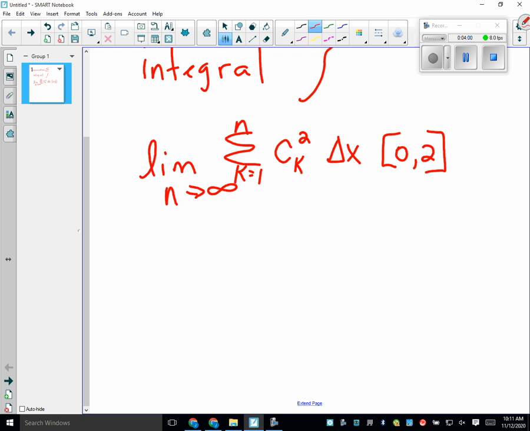That's what this means when it says k equals 1 to n and n is infinity. My function is c sub k, meaning it's just giving it a name, squared. This means delta x, as x changes, as I go down the x-axis. And I am looking from 0 to 2. That's what all that says.